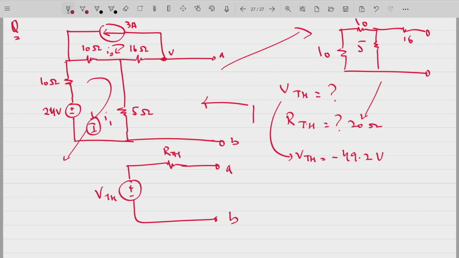हाँ यही सवाल होंगे Thevenins theorems में. You will have to find out Thevenins equivalents of different circuits.